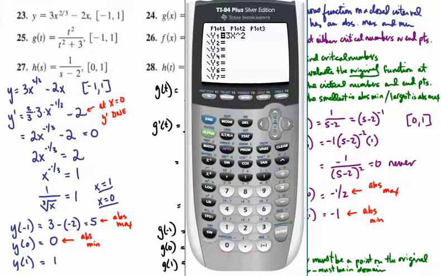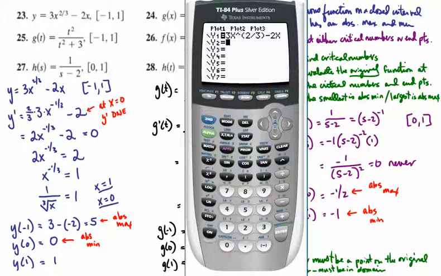A quick reminder, whenever you're putting in a rational exponent, you have to always place it in parentheses. So we have 3x to the 2/3 minus 2x. And so there's our function.